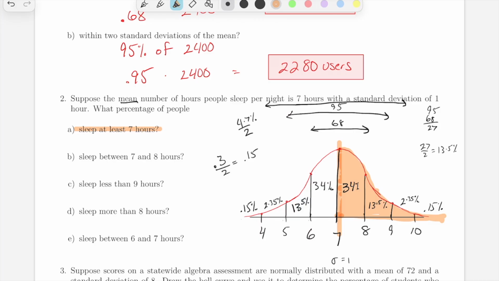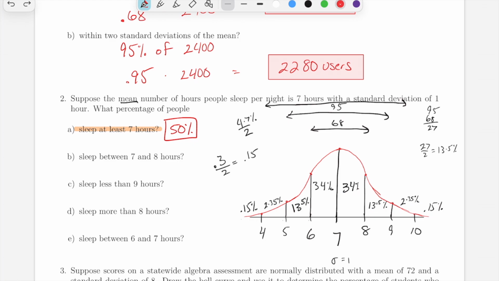Because remember, right there in the middle is the mean, median, and mode. That's just 50%. That's the equal areas point. So what percent sleep at least 7 hours? 50%, right? If you were to add up the 34, 13.5, 2.35, and 0.15, those will all add up to 50%.